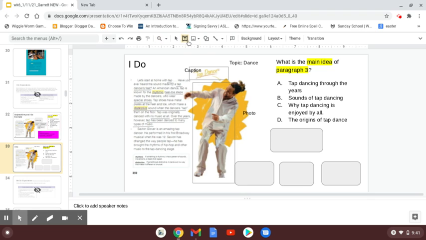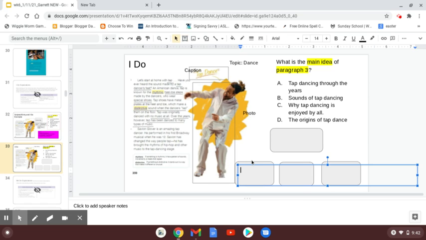So I'm going to add a text box, and I'm going to pick out 3 supporting details that will help me understand the main idea of this text. So the first detail I want to pick out is that they make heel-toe steps. I'm going to add that to my first box. Heel-toe steps.